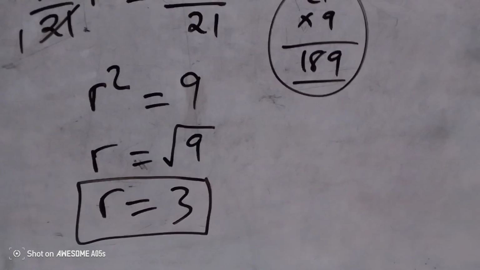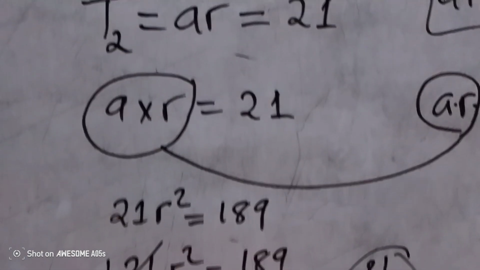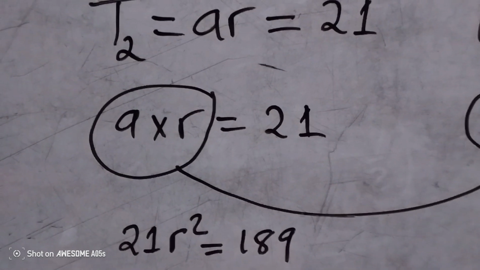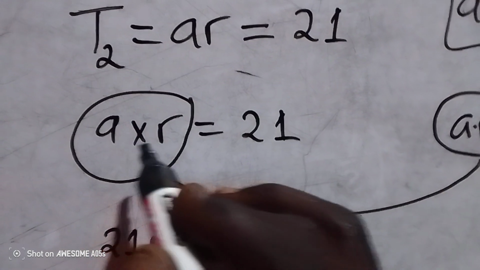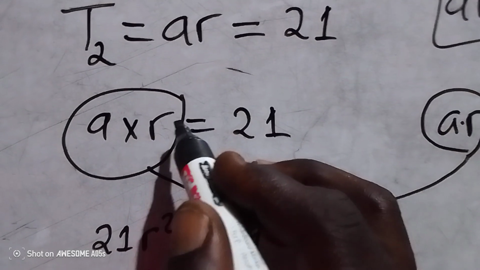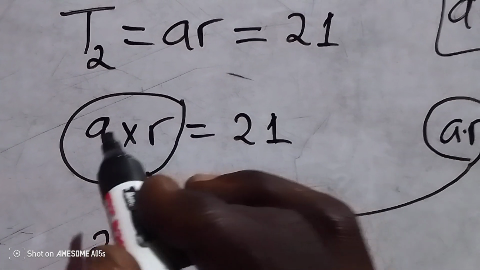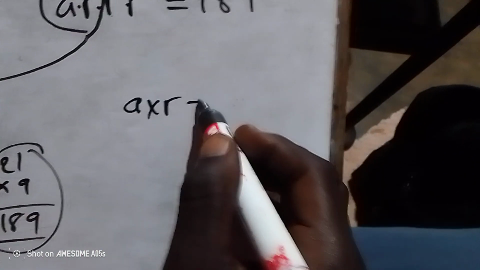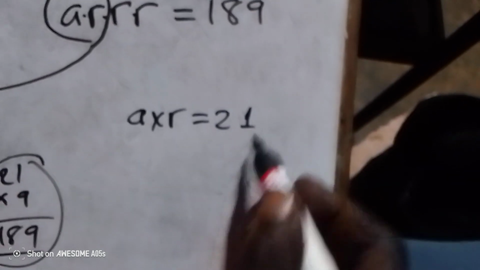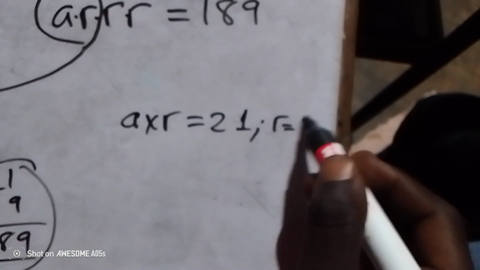So after finding this r, we can just go back to this part and replace. Here there is a times r. We have found this r, so we can replace it so that we are able to find a. So allow me to write it from here. A times r was equal to 21, but I know that my r is equal to 3.